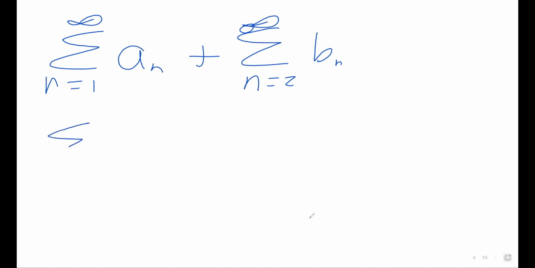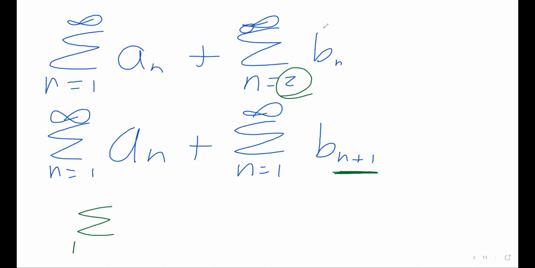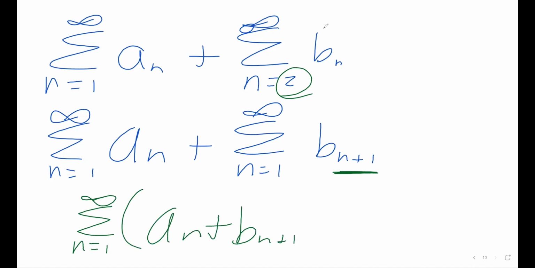If we want everything to start at 1 with our subscript here, then this would have to be n plus 1, because we want the first term with our b's equal 2. So now when we plug a 1 in, we do indeed get a 2. So then we could combine these together in this form, and that would be okay.